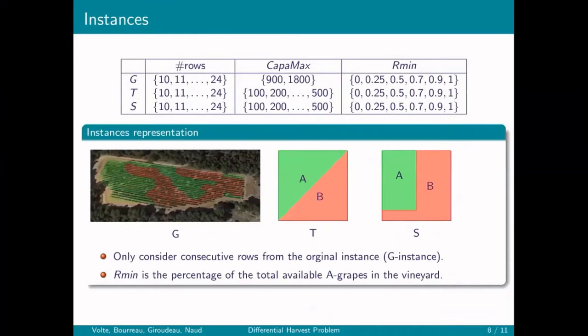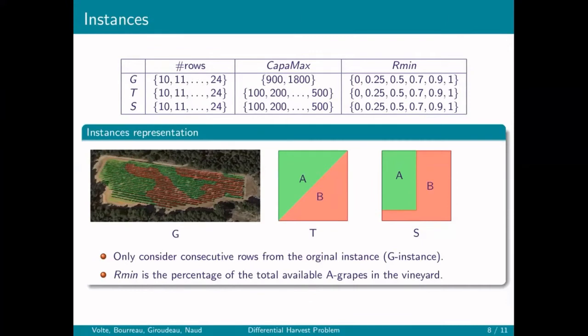So for the experimental results, the instances are the following. We consider three types of instances, G, T, and S. G is real instances located in the south of France. And for these instances, we consider smaller instances with consecutive rows.